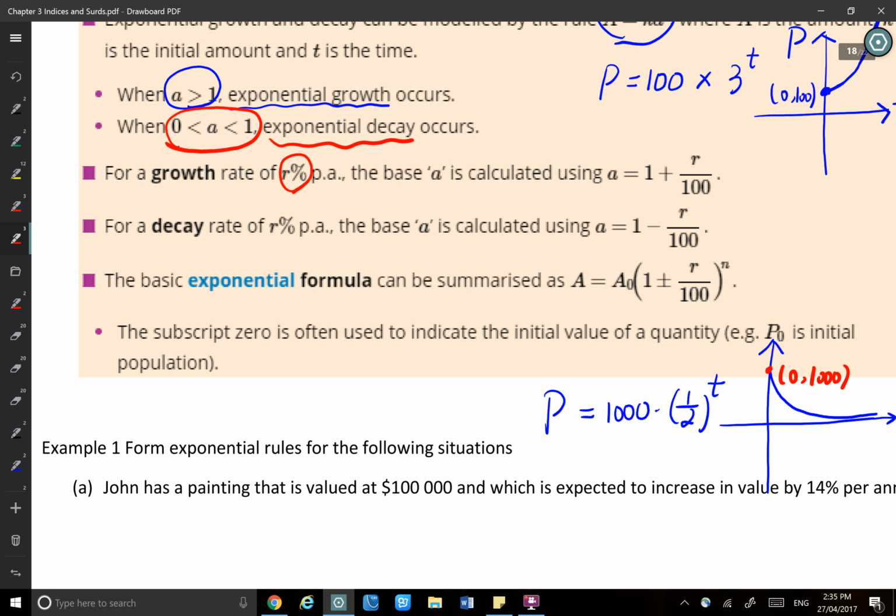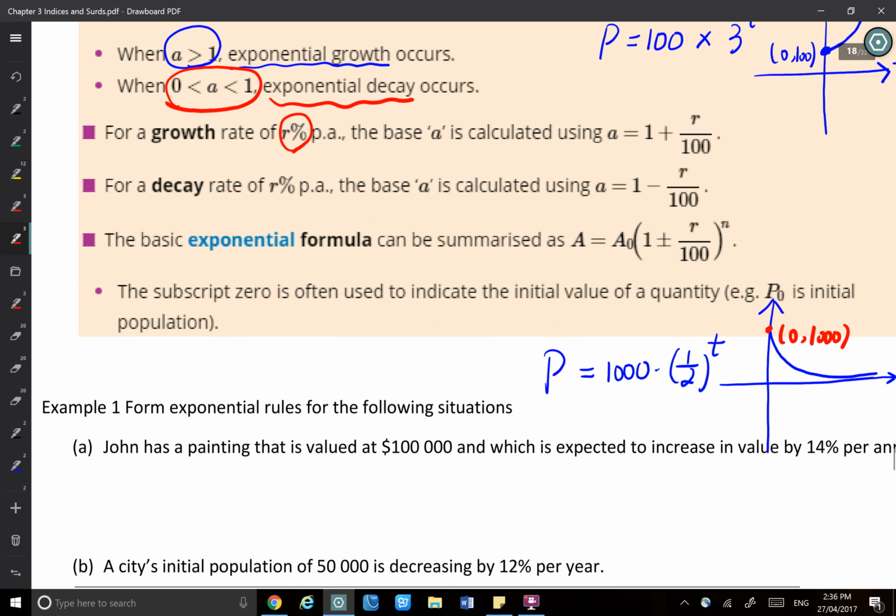A simple example: if I have $100 this year and the exponential growth is 10% per year, then the base will be 1 plus 10%, that is 1.1. Because next year you will have 1.1 times 100. So the base is 1 plus the growth rate. That's how you work out a values.